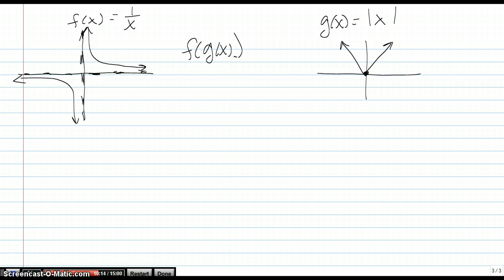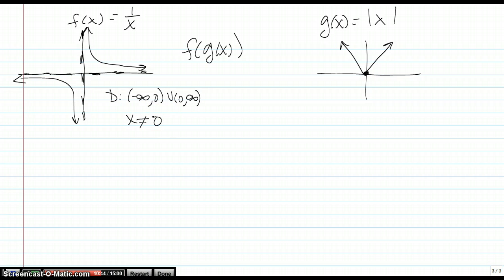Alright, so using our description before, we know that g of x must be in the domain of f of x. So we need to find the domain of f of x. In interval notation, it would be negative infinity to 0 and 0 to infinity. If we wanted to look at this in inequality notation, the best thing to say is that it's every value except where x equals 0.